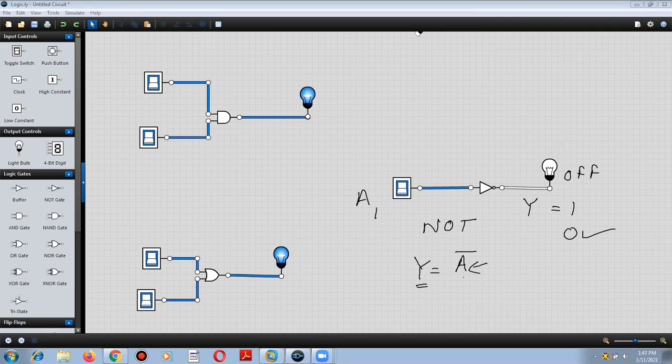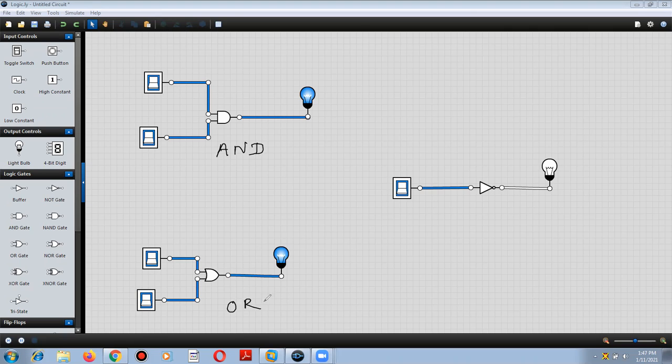To summarize, there are three basic gates. The basic gates are AND gate, which gives the product of inputs. Second is OR gate, which is the summation of inputs. And third is NOT gate, which gives the complement of input. Equation for AND is y is equal to A multiplied by B, where A and B are the inputs and y is the output.